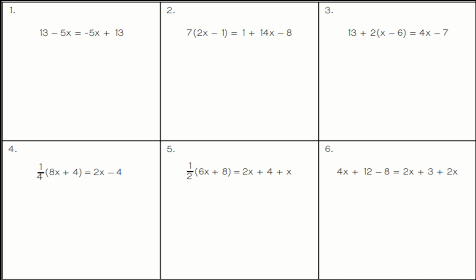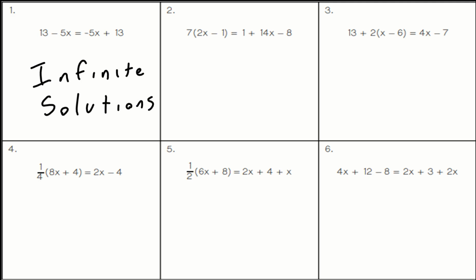What coefficient do I have on the right side? -5. So that means the coefficients are the same. What about the constants? Same. So what that means is this one's going to have infinite solutions.